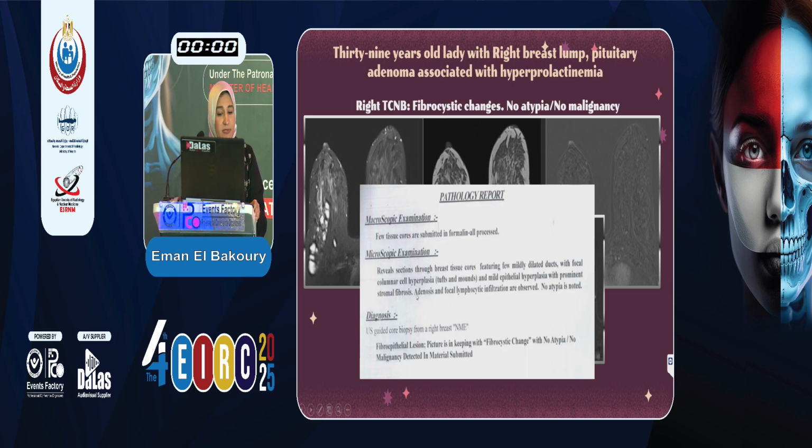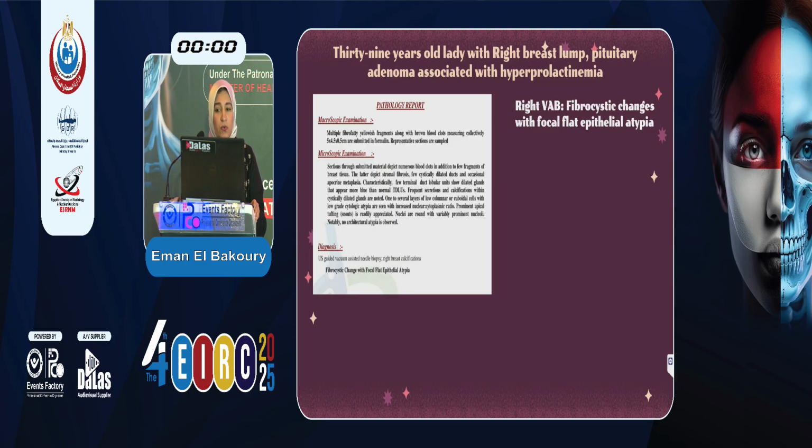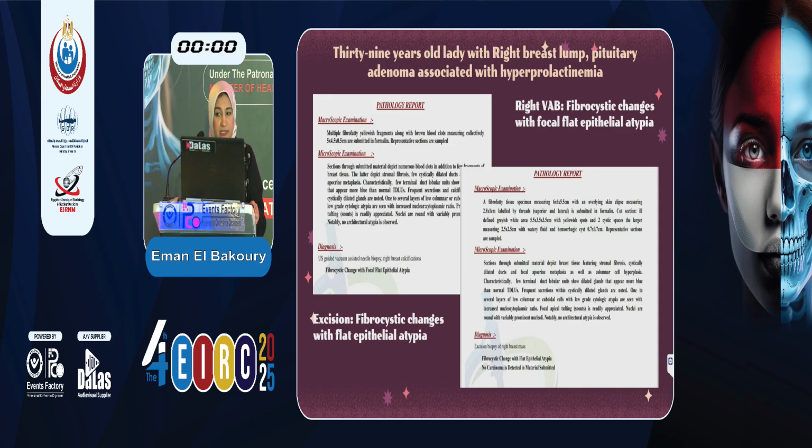So actually, we biopsied this lesion and it turned out to be fibrocystic changes with no atypia, no malignancy. 6 months later on, this non-mass crept slightly to the nipple. And upon vacuum-assisted biopsy, it showed fibrocystic changes with focal flat epithelial atypia, which was concomitant with the excision biopsy.